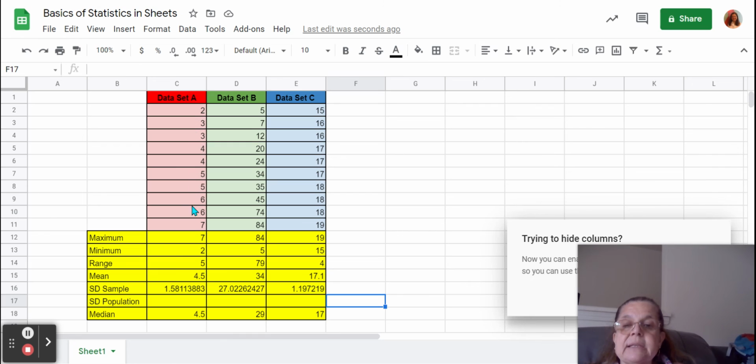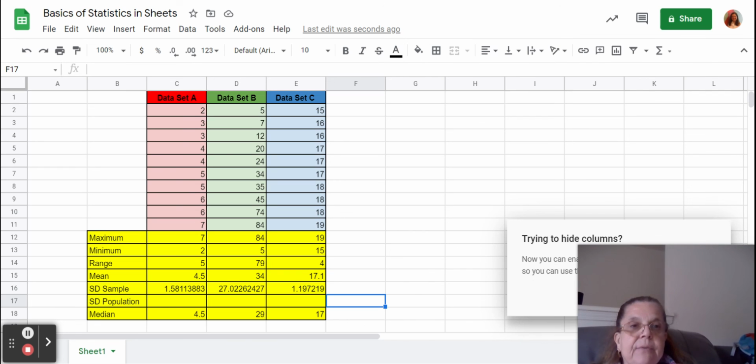From 2 to 7, the range was only 5, slightly more than 4. But the range for data set B was 79, which is pretty big. So our standard deviation ends up being 27. That means these pieces are pretty much spread out. It is the average distance all of these data points are from the mean of 34.